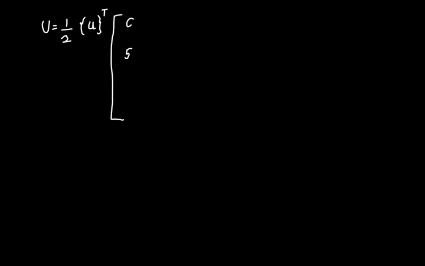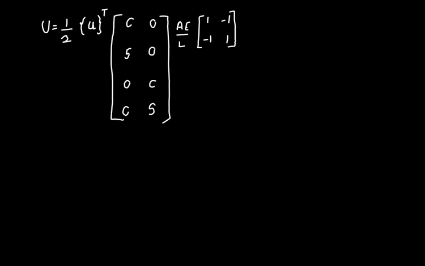C S 0 0 0 0 C S, okay, followed by A by L, 1 minus 1 minus 1 1, followed by the del matrix C S 0 0 0 0 C S, followed by the U matrix U1 V1 U2 V2. That's it.